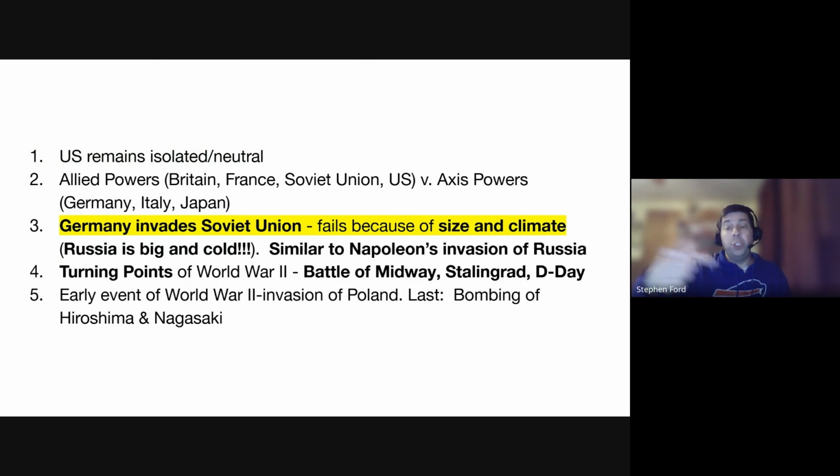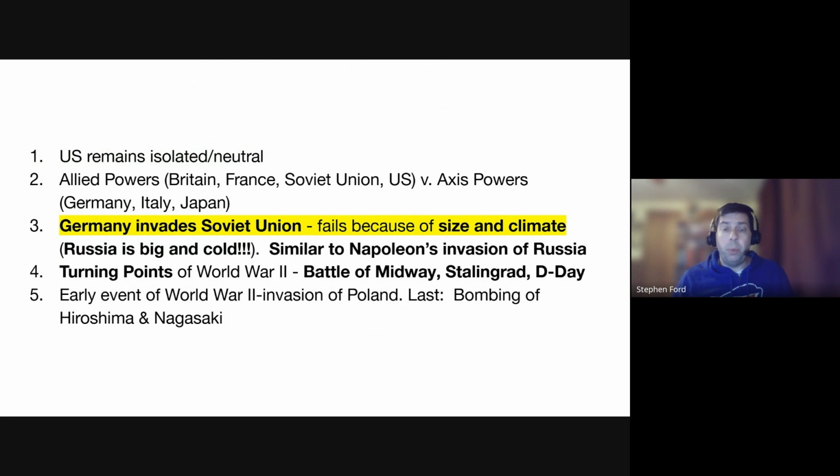The Blitzkrieg of Poland, Germany invades Poland, right? Germany invades the Soviet Union. We're not going to get into the details of why, but compare that to Napoleon invading Russia. The climate and the size of Russia make it difficult. The Russian winter is one reason why Germany's invasion of the Soviet Union fails.